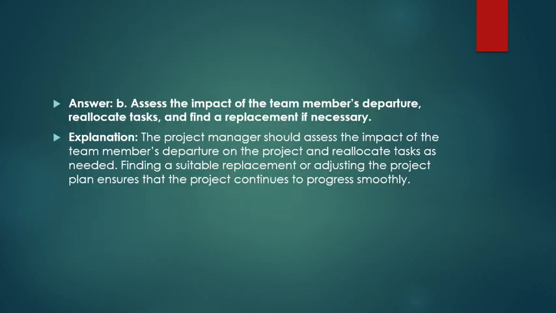Answer is assess the impact of the team member's departure, reallocate tasks, and find a replacement if necessary. The project manager should assess the impact of the team member's departure on the project and reallocate tasks as needed. Finding a suitable replacement or adjusting the project plan ensures that the project continues to progress smoothly.